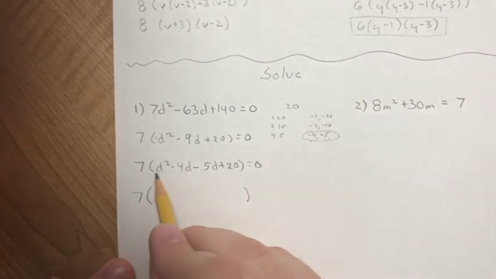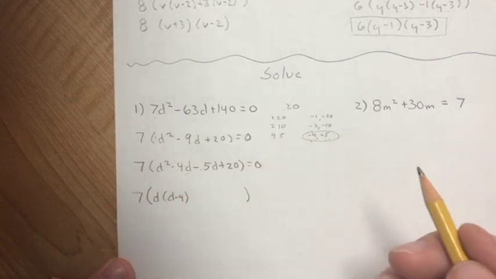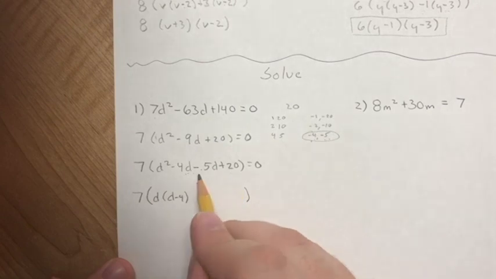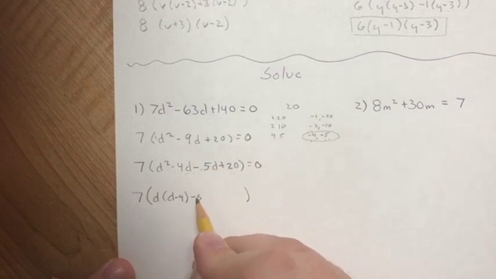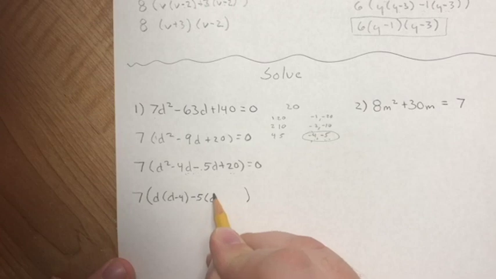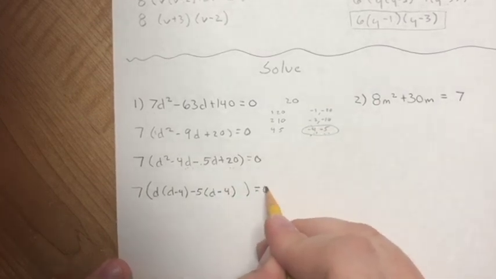And I know that out of these first two terms, I can factor out a d, which leaves me with d minus 4 on the inside. Out of these next two terms, I can factor out a -5 out of both the -5d and the 20. So I'm going to do that. And when I do, that leaves me with d minus 4, okay, is equal to 0.